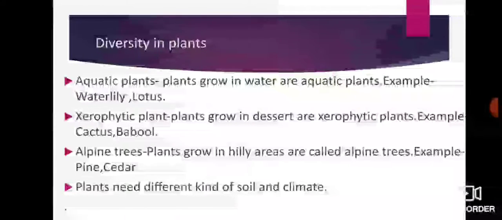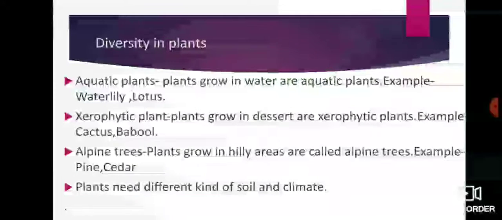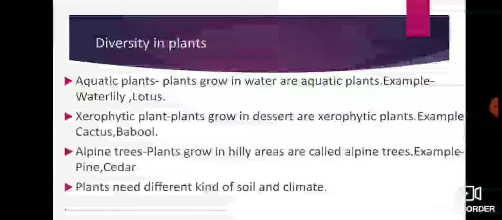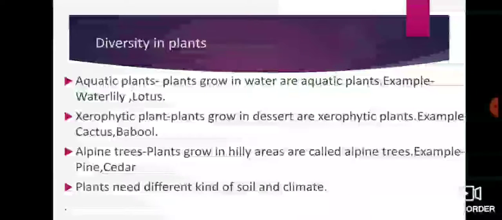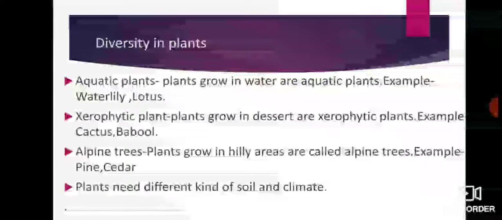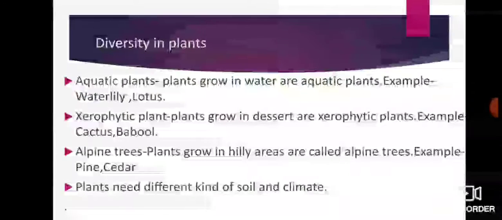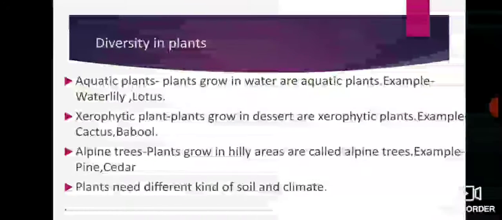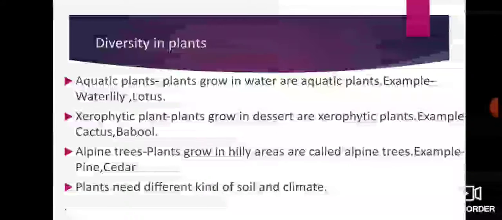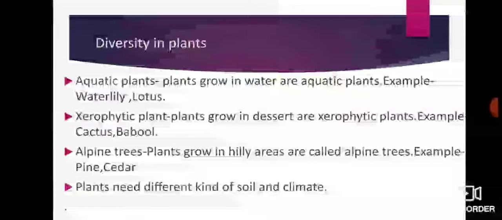Aquatic plants. Some plants grow in water only, and are called aquatic plants. Example, water lily, lotus. Okay. Next is xerophytic plants. Plants that grow in deserts are called xerophytic plants. Desert means Registan, where the soil is in the form of sand. Example, cactus, babul.